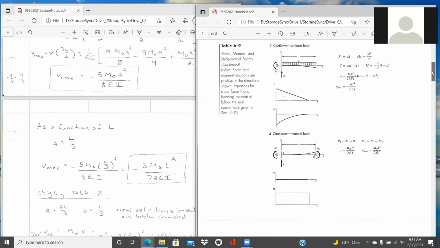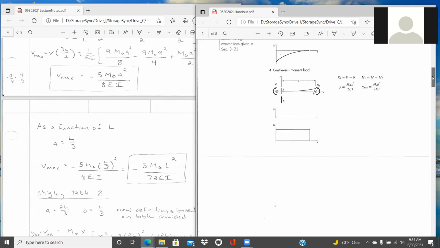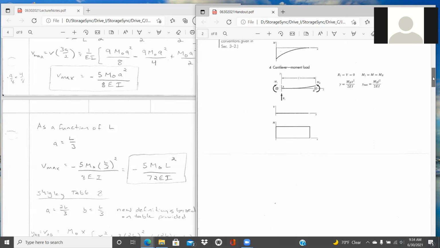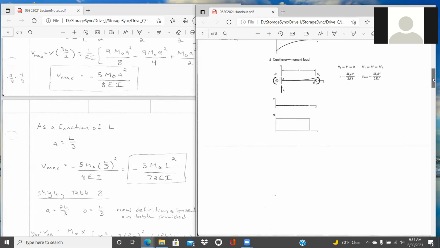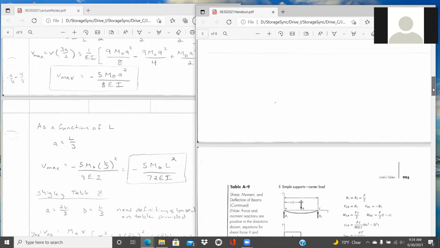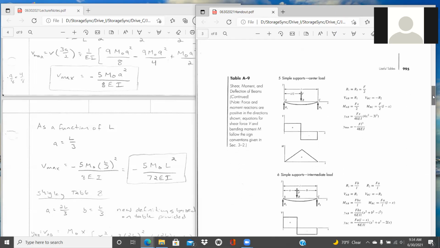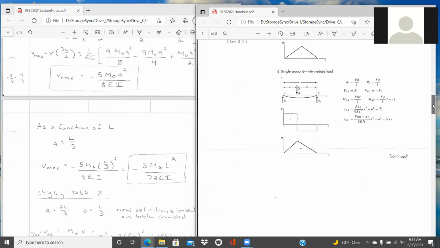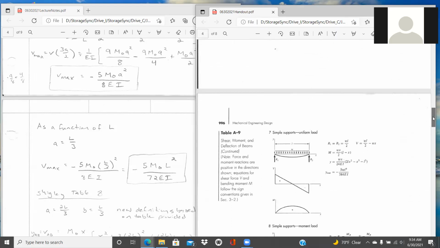But for this, you really just need to go through and find the boundary type condition and the loading condition that would match what we're dealing with. And it doesn't have to match perfectly. It just has to match in terms of the type of loading.